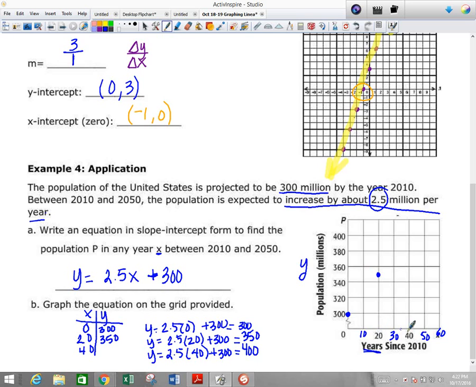So at 40, in the year 2040, the population would be 400 million. So now that you have good points on the line, you can draw a line. And there you go. That's it.